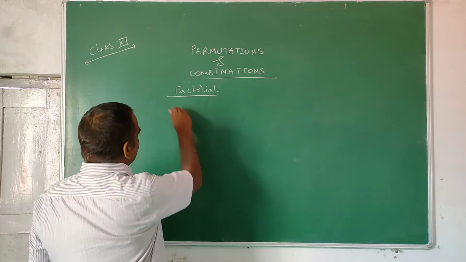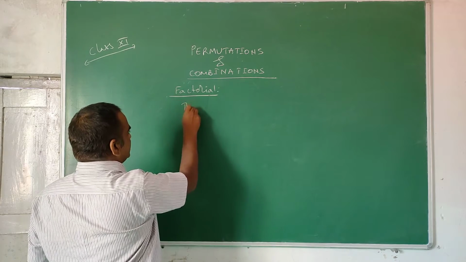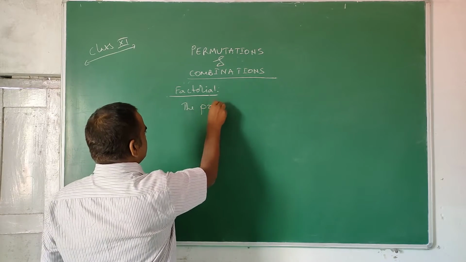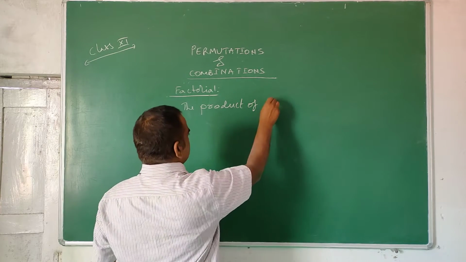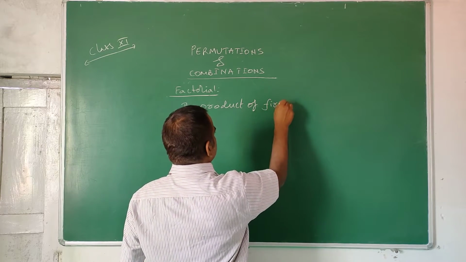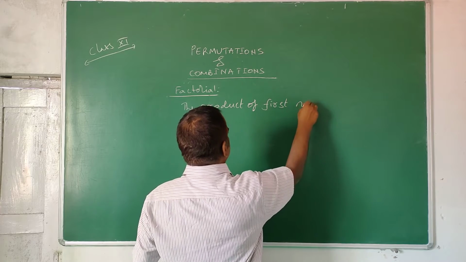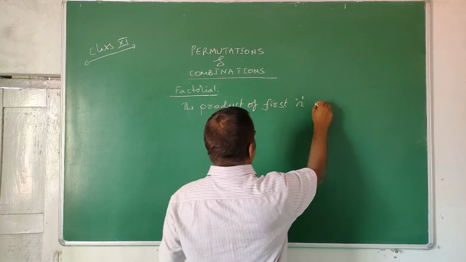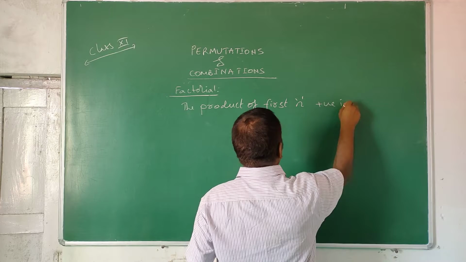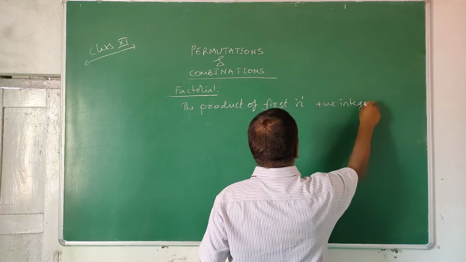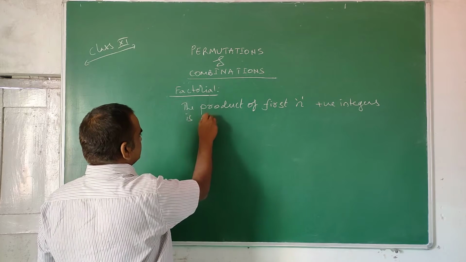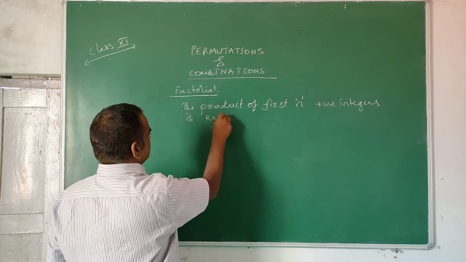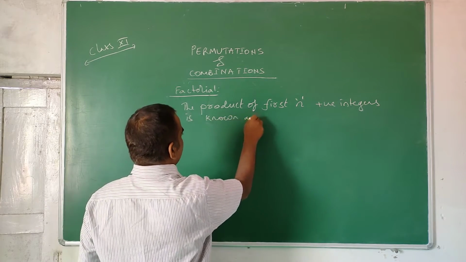So factorial means the product of first n positive integers is known as factorial n.